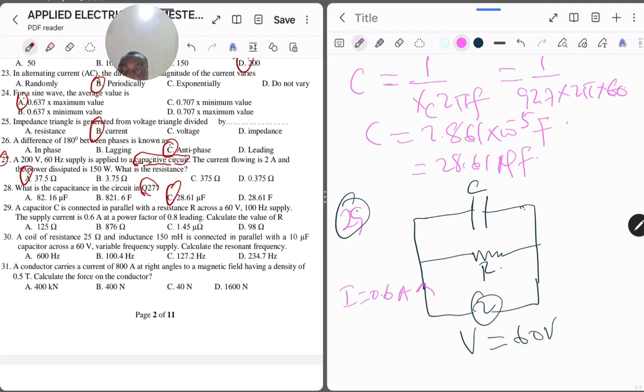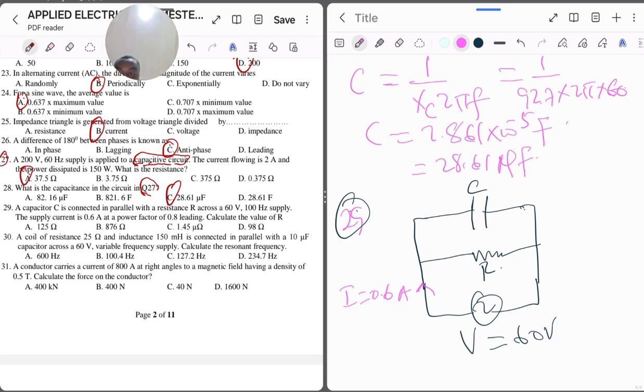So we are asked to find the resistance. And not only that, we are also told the supply current is 0.6 amps at a power factor of 0.8 leading. Calculate the value of R.